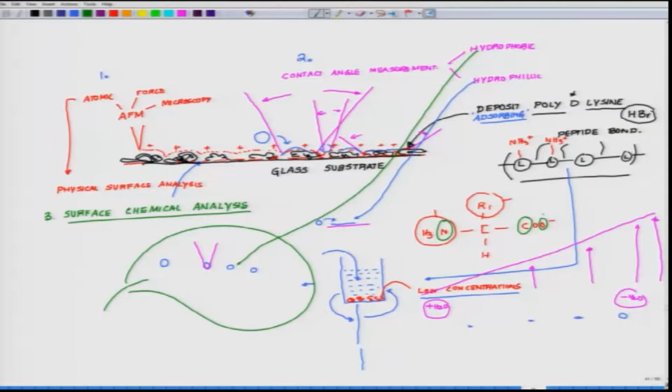So, to start off with, now doing a surface analysis, one of the easiest and most thorough surface analysis methods you can do is XPS. XPS stands for X-ray photoelectron spectroscopy.